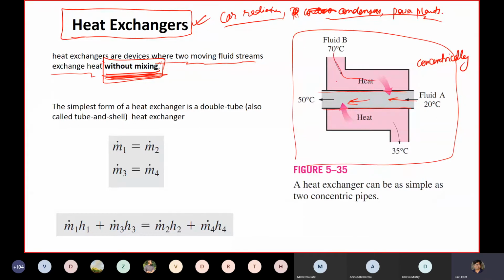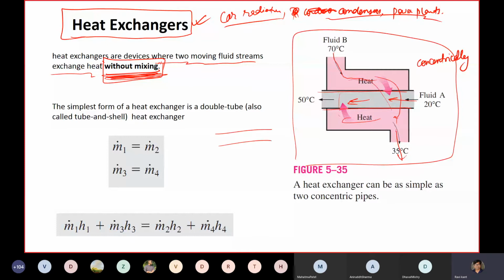It comes out, and they are not mixing with each other. You can see there is a clear cut separation there. Are you getting this figure?